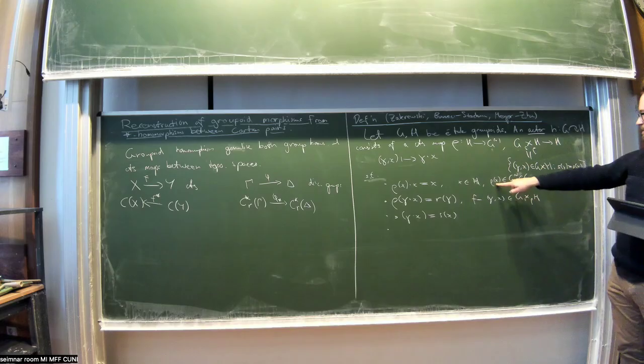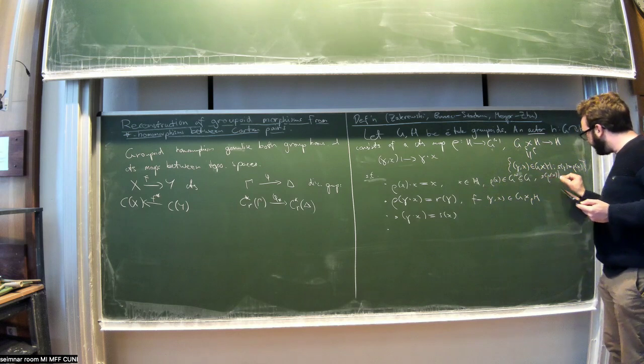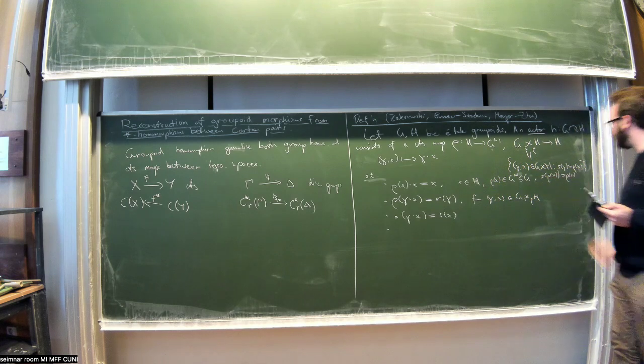So the source of this guy will be equal to rho of it. If I have that, I just get rho of x back.